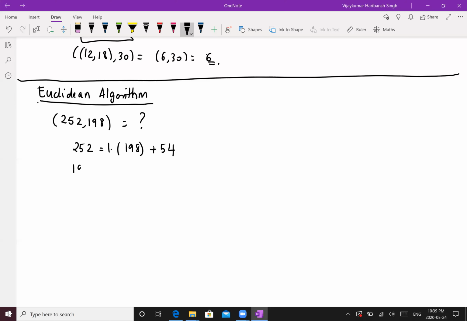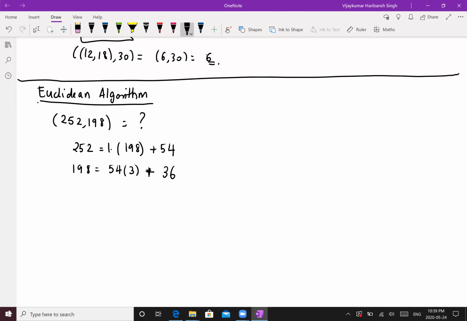Now what you do is divide 198 by 54. It goes in 3 times, so 54 times 3, and the remainder is going to be, since 54 times 3 is 162, 198 minus 162, which is 36.